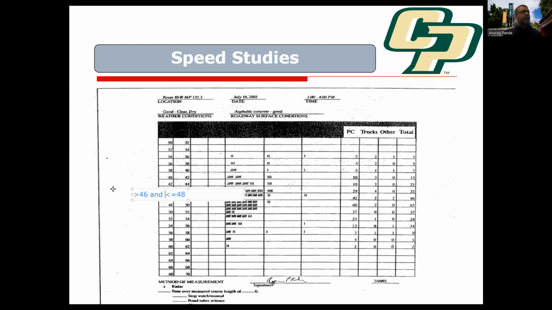Data greater than 48 goes into the next bin that I'm about to highlight for you. So you can see the equal to sign goes with this bin here. That's how we always collect this data.